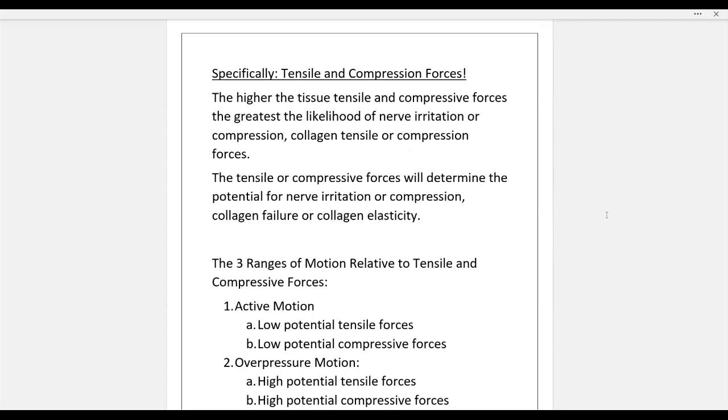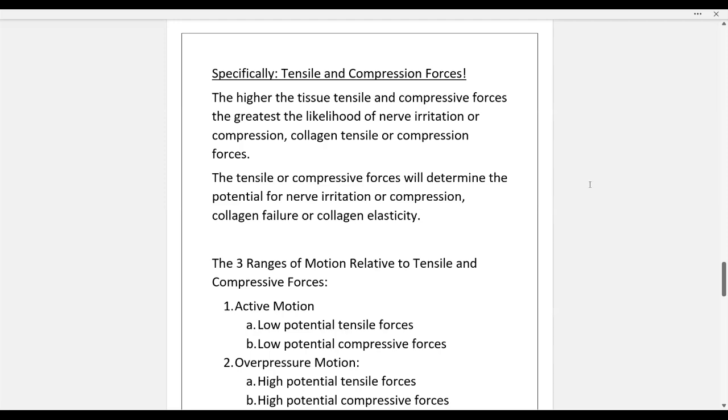What's happening to the compression when that patient moves with activities of daily living? And what's happening to the tensile forces of that tissue when the patient moves relative to that activity of daily living? So the tensile and compressive forces will determine the potential nerve irritation or compression, collagen failure, or collagen elasticity.